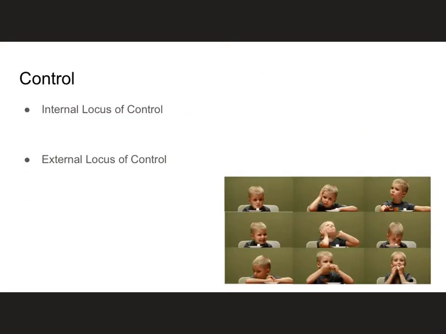Now, continuing on with our idea of control. This is absolutely my most favorite experiment in the whole world, right here, the marshmallow experiment. Internal locus of control means that we control our own fate, and that we have control over what happens to us.